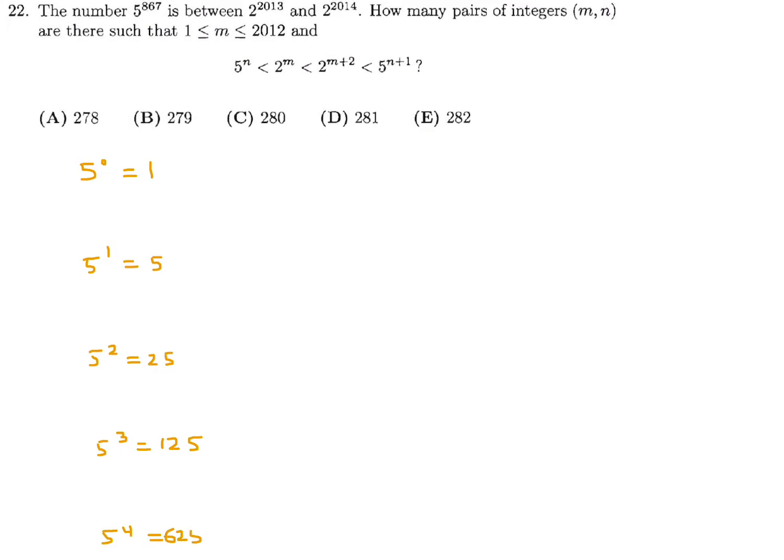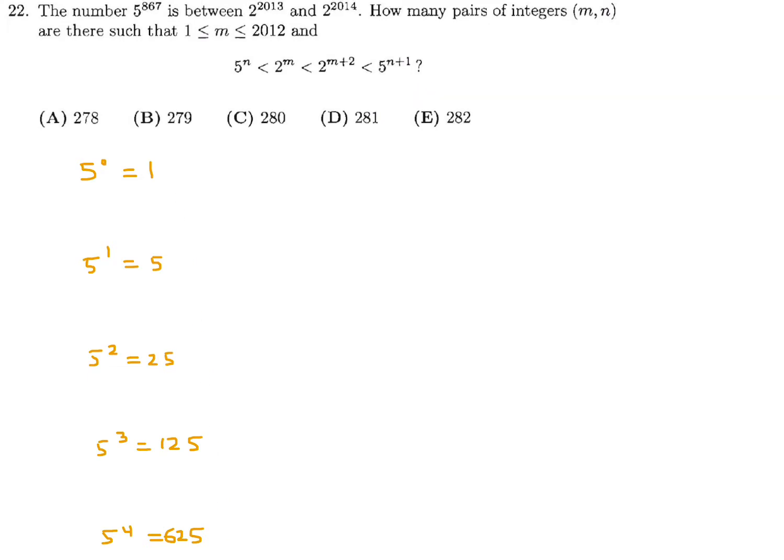And then in between those, I've got to put in some powers of 2, but in a way so that they fit chronologically. So 2 to the power of 0, that fits, that's 1. But I've got to do it in a way so that it's greater than, right? Because I've got to go from smallest to biggest in order to explain this inequality.